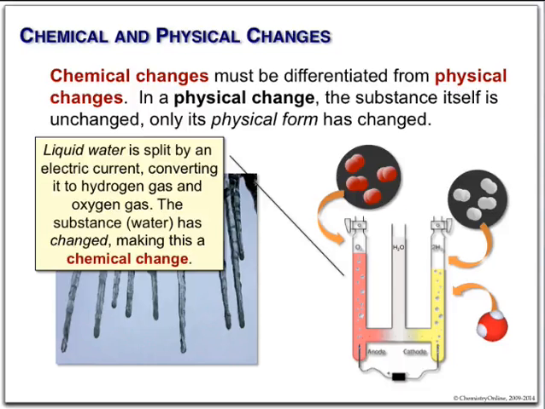There are 2 hydrogens for every oxygen, so you'll notice there's a bigger volume here of hydrogen than oxygen. Also notice oxygen and hydrogen both are more examples of diatomic elements. Again, when I say oxygen, I mean O2. And when I say hydrogen, I will mean H2.